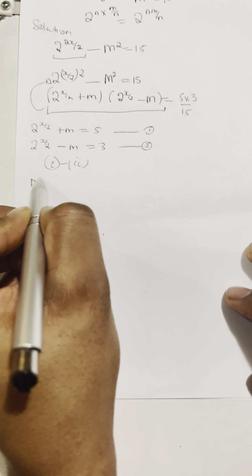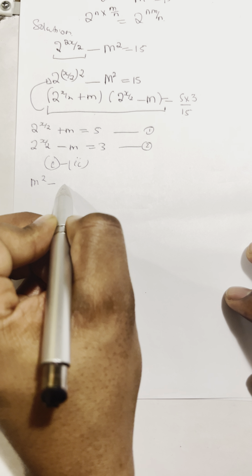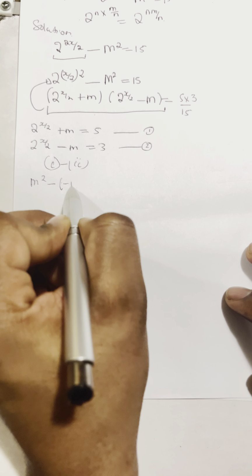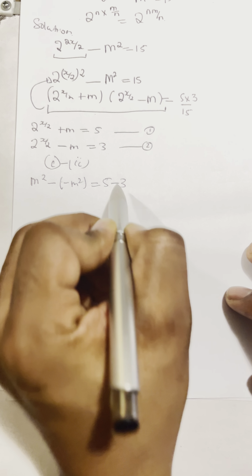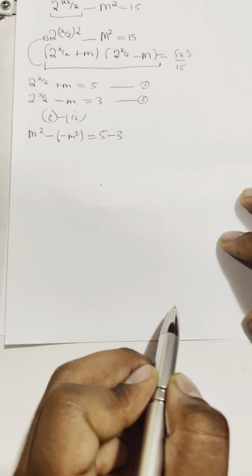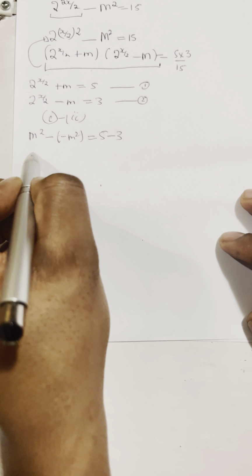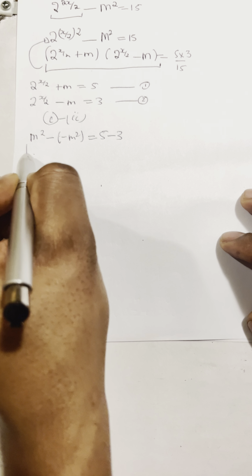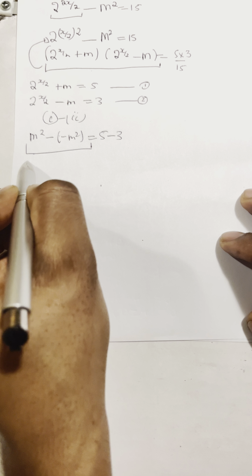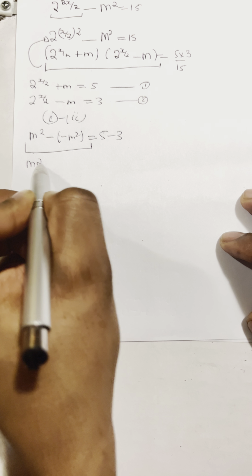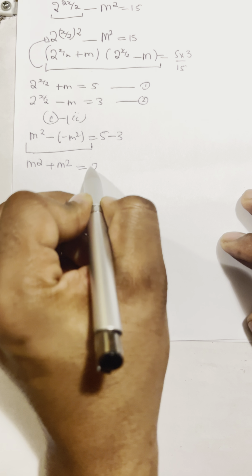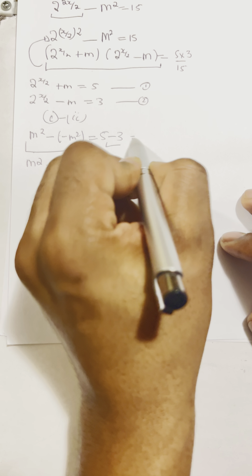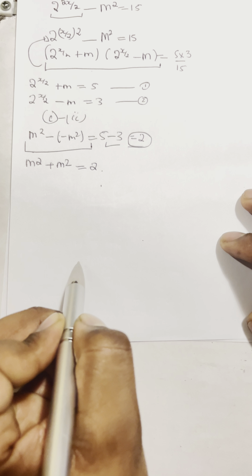m squared minus minus m squared is equals to 5 minus 3. This gives us m squared plus m squared is equals to 2.